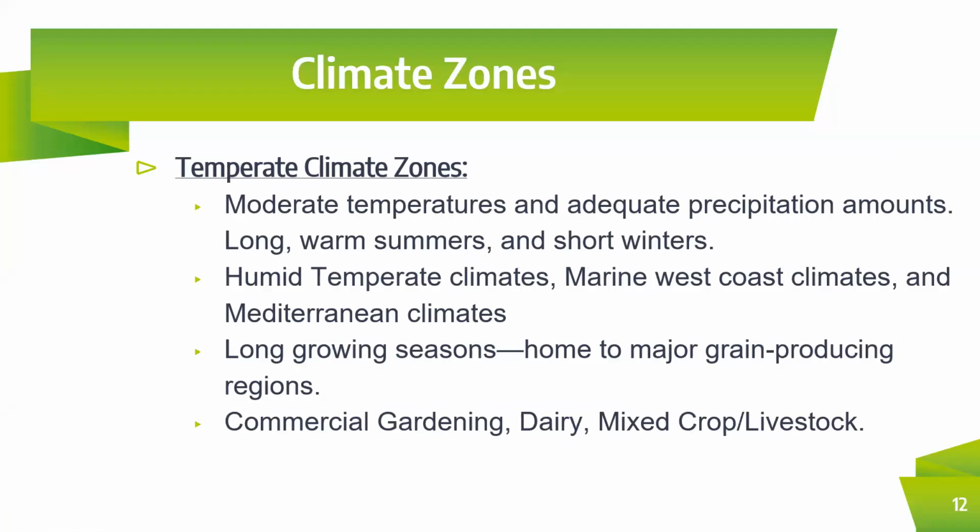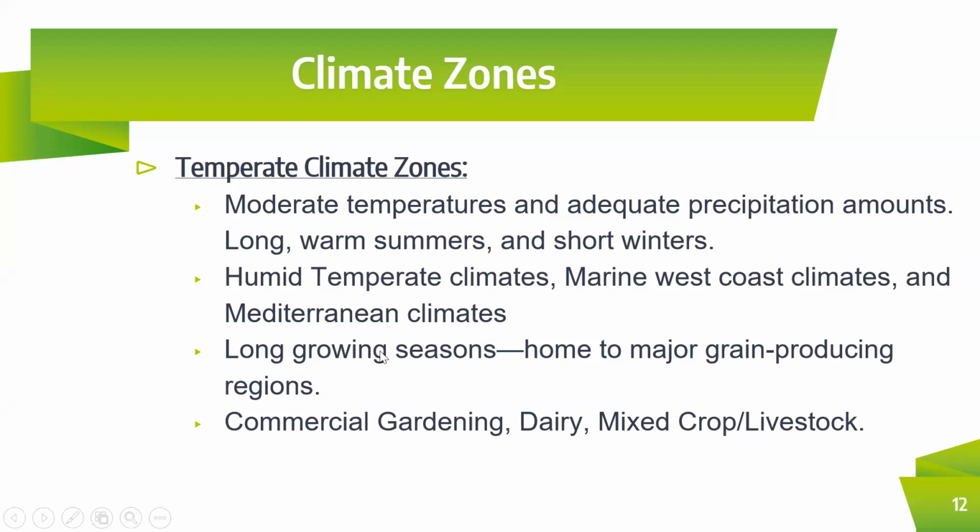Next, temperate climate zones, where you've got moderate temperatures and adequate precipitation amounts. You've got long, warm summers and short winters. Humid temperate climates, marine west coast climates, and Mediterranean climates are the 3 more specific types of temperate climate zones.